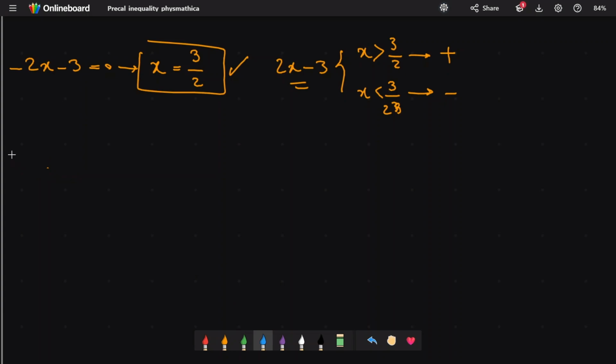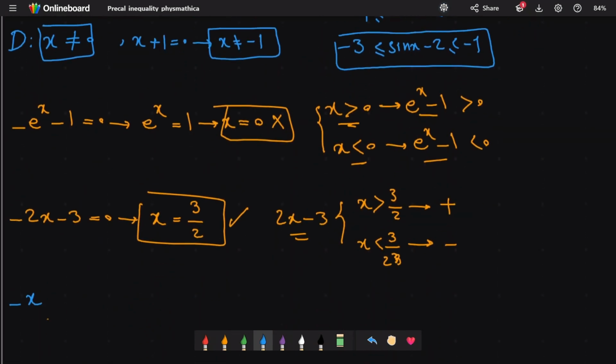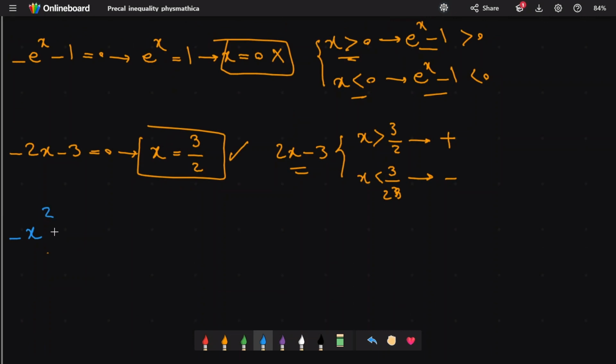The other factor is going to be x squared plus x plus 2, which is again the simplest one. If you just find the delta for this, it is going to be minus 7. That means that we don't have any root, there are no roots, and that makes our life much easier.